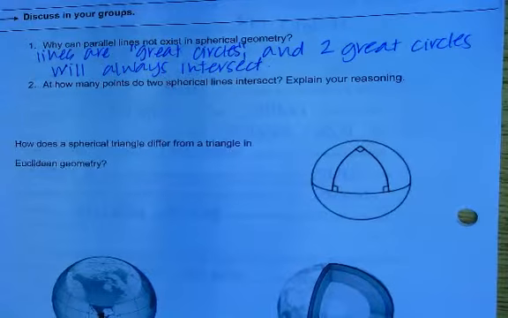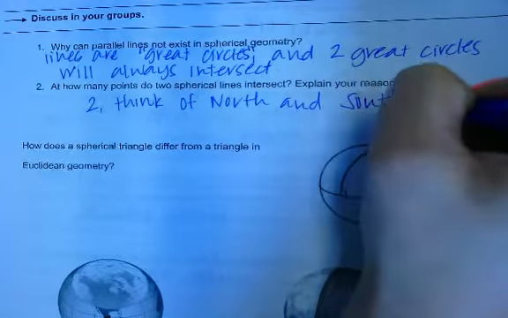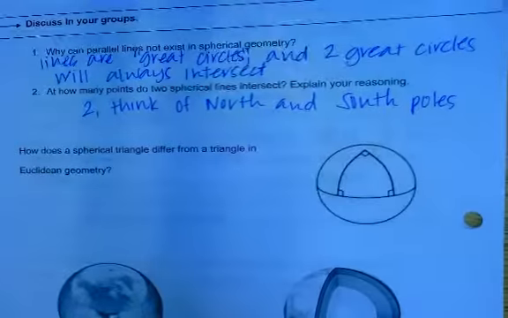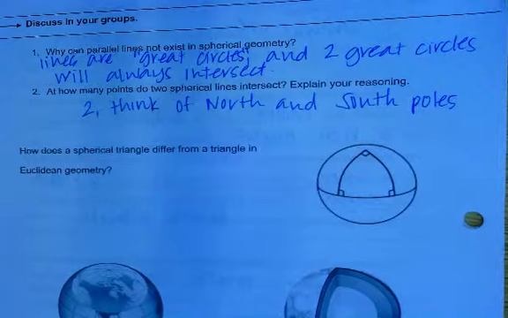Number 2, how many points do 2 spherical lines intersect? 2. And you can say, think of the north and the south poles. How does a spherical triangle differ from a triangle in Euclidean geometry?